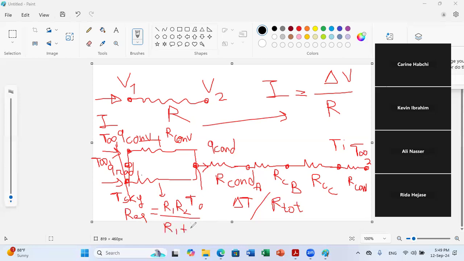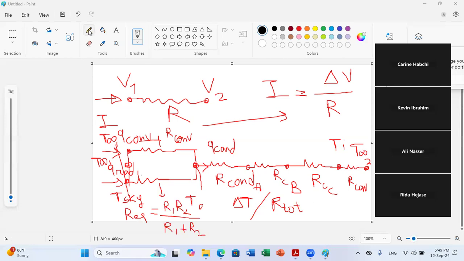And if we have several resistances in series, all we have to do is sum them. So by doing this simple model, you can calculate the heat rates through your envelope.